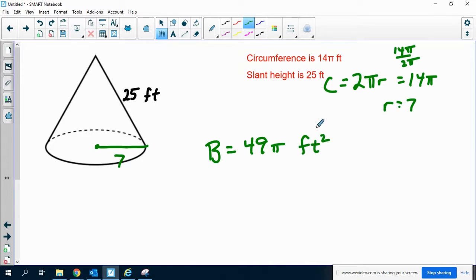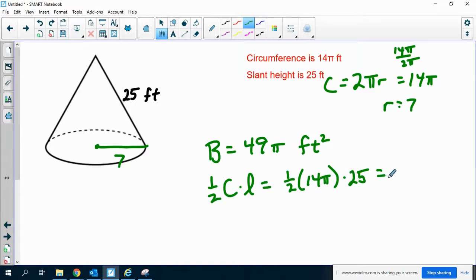And then I have 1/2 perimeter of the base, or circumference, times the slant height. That's 1/2 times, well, they already told me that the circumference is 14 pi, and the slant height is 25. So 1/2 times 14 times 25 gives me 175 pi feet squared.